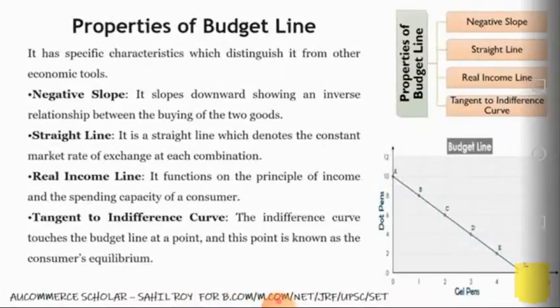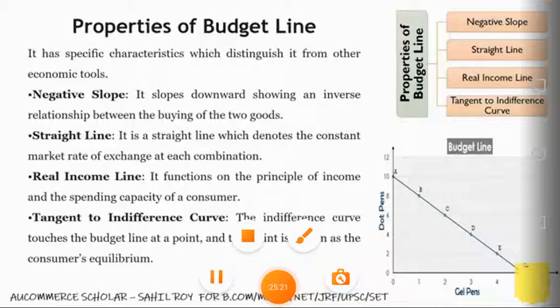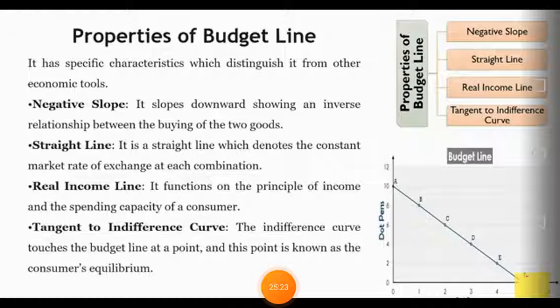So the last point is properties of a budget line. Properties means what we visibly observe, the qualities and characteristics, after making the budget line. So let's see. Properties of the budget line: they are negatively sloped, they are straight lines, real income line, or the budget line is also called income line, and tangent to indifference curve.